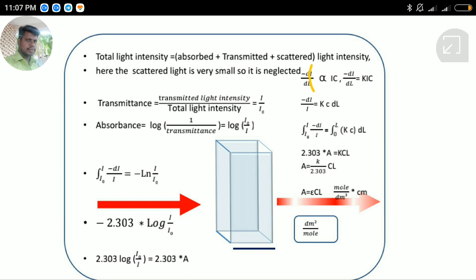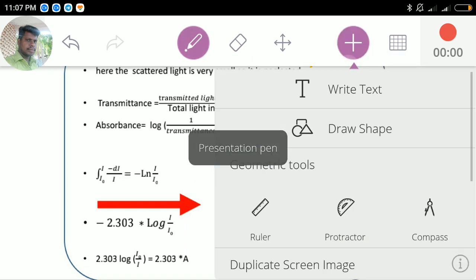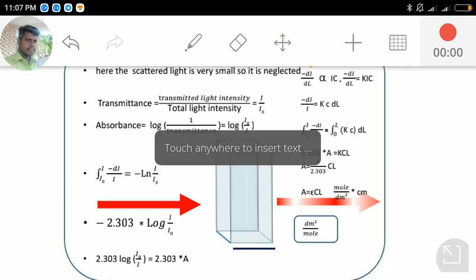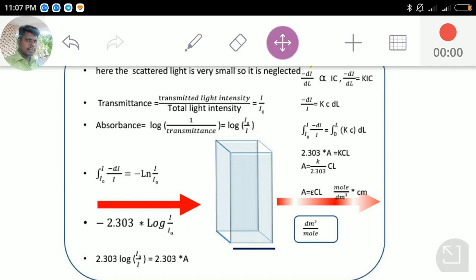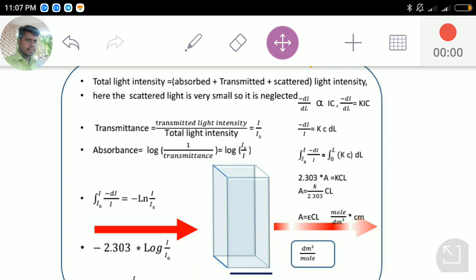The rate of change of intensity within the smallest region is directly proportional to the intensity and the concentration in the smallest region dl.